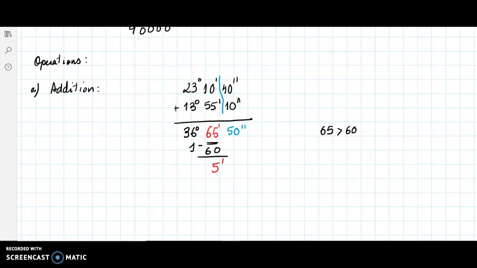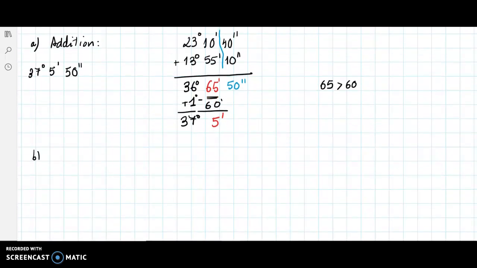So I add the degree here, and I get 37 degrees. So finally, the result is 37 degrees, 5 minutes, and 50 seconds.